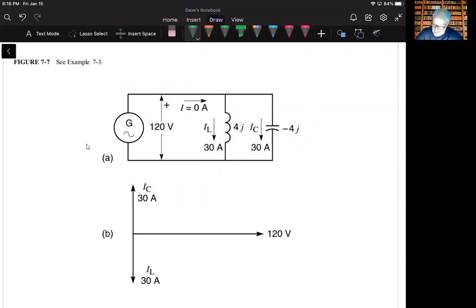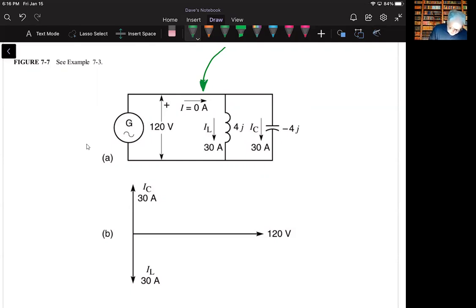In parallel, the 4 ohms of inductive reactance is still going to draw 30 amps, and the capacitive reactance is also 4 ohms and is also going to draw 30 amps. But something is going on here, because it says that the current drawn by this circuit is 0.